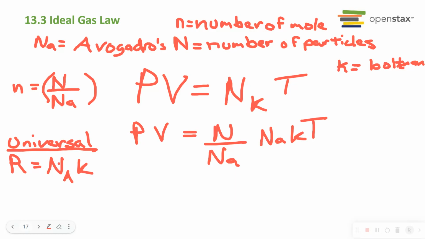And the reason that we're doing all this stuff like this is because sometimes we have information and knowing the different formulas. Sometimes, for example, you're always going to have NA, which is Avogadro's number when we're talking about particles and moles. So that's always going to be there.